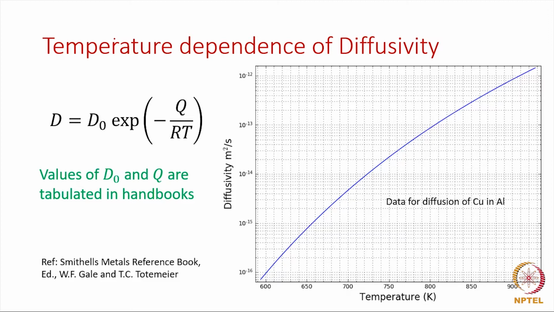And to just know how important it is for us to keep the temperature information, I'm illustrating here by using this blue color map, where we see that the diffusivity will come down from 10 to the power of minus 14 meter square per second to 10 to the power of minus 15 meter square per second if the temperature were coming down from 720 to about 660 Kelvin, which means that within a few tens of Kelvin the diffusivity can come down by a factor of 10.